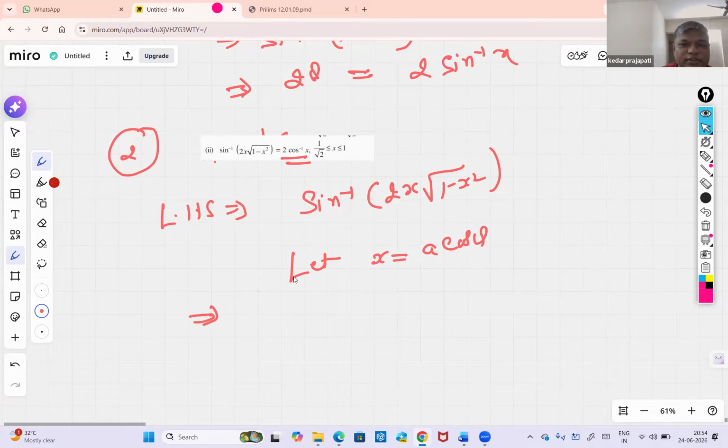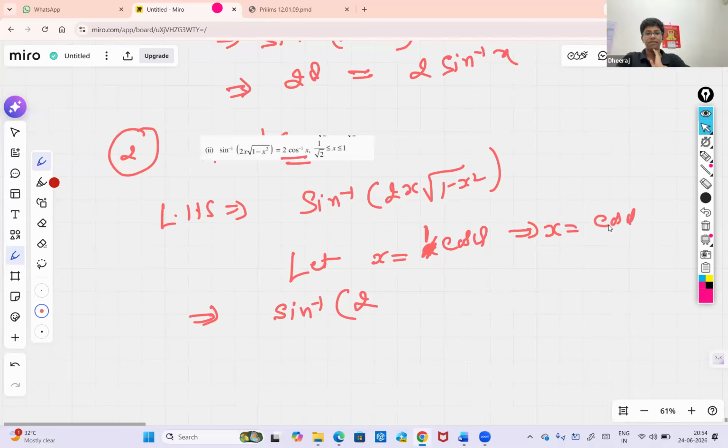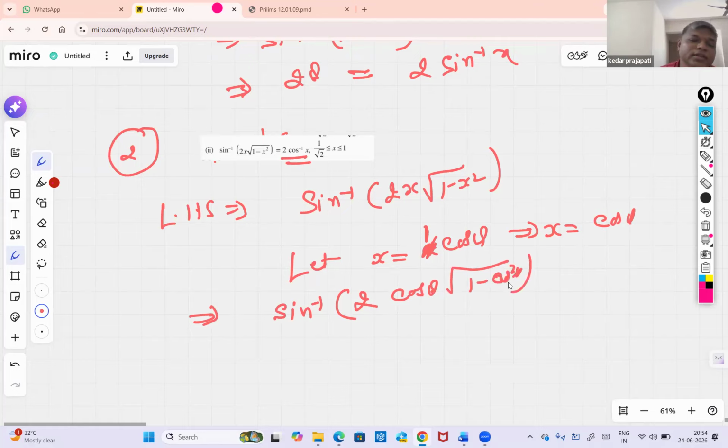Which implies this will become sine inverse of 2... So here a is 1, so I'm taking x equal to cos theta. 2 into cos theta, root of 1 minus cos square theta. Ideally both will give the same result.